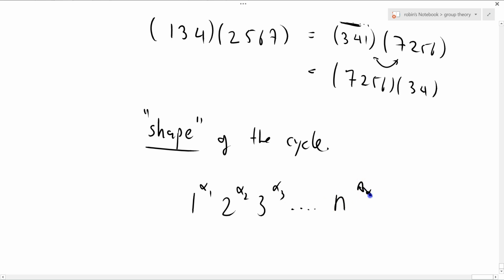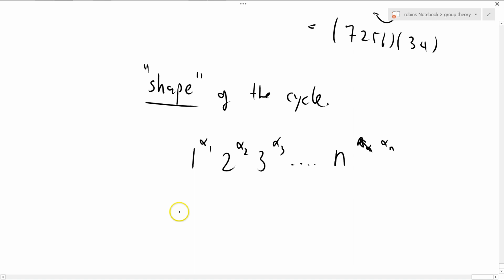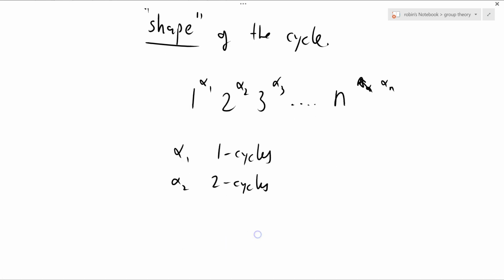So what that means is that we've got a total of alpha 1 1-cycles, alpha 2 2-cycles, alpha 3 3-cycles, and so on.